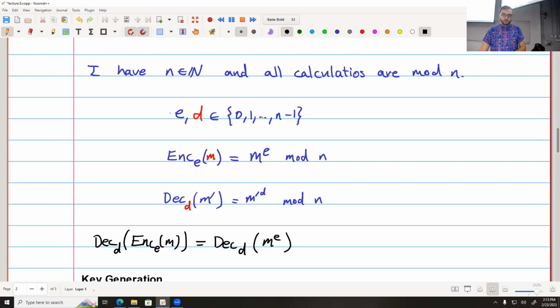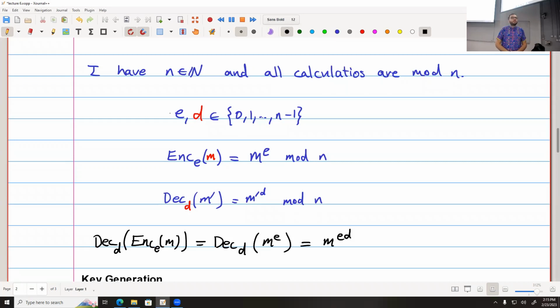And then in order to decrypt something, I just raise it to the power of D. So this would just be M to the power of ED. So whenever I encrypt something and I decrypt it, I get M to the power of ED back.